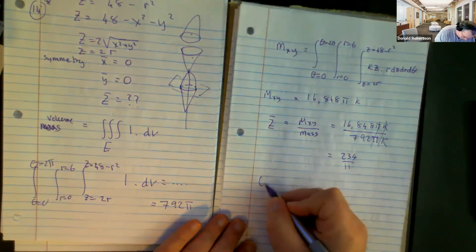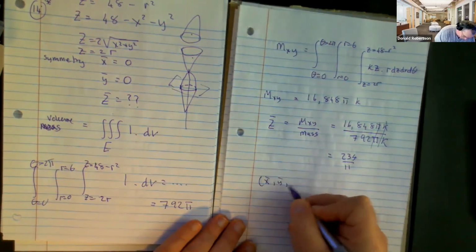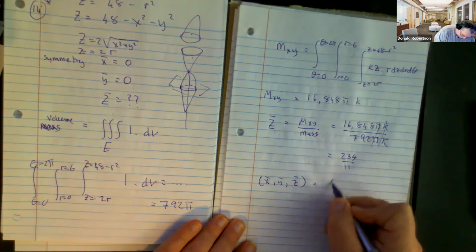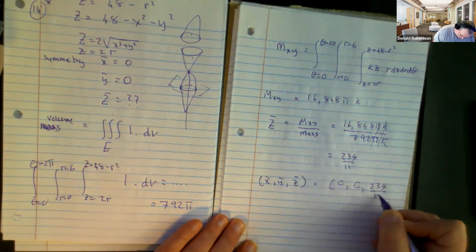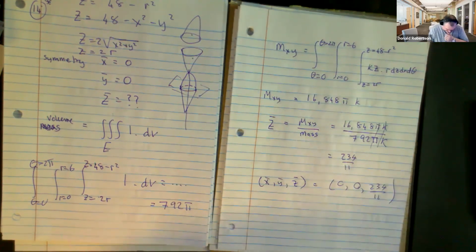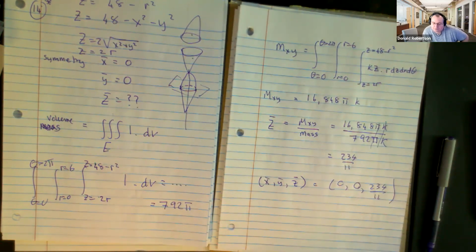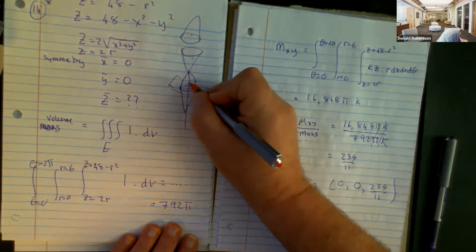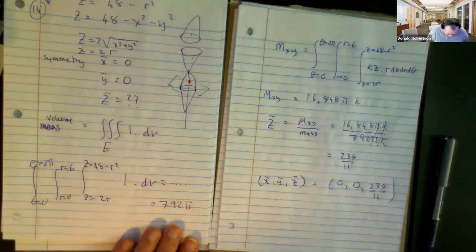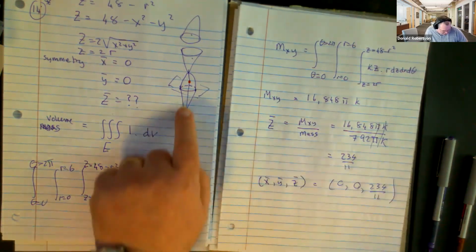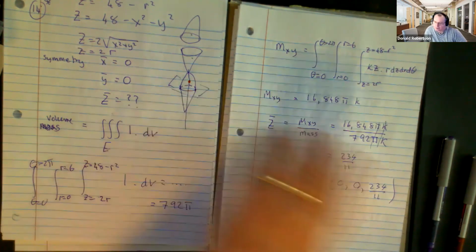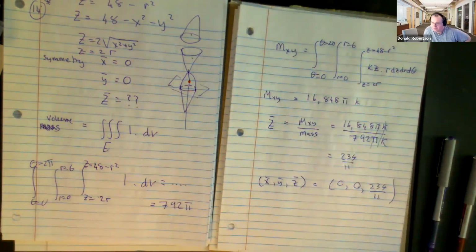And so the center of mass of that object was 234 elevenths. So the center of mass of that ice cream is going to be somewhere up here because it's positive. If that number had been negative, it just means the center of mass would be somewhere below the XY plane, which could happen, I guess.